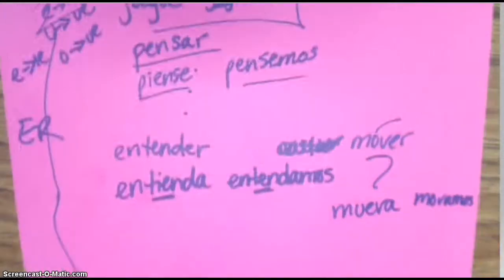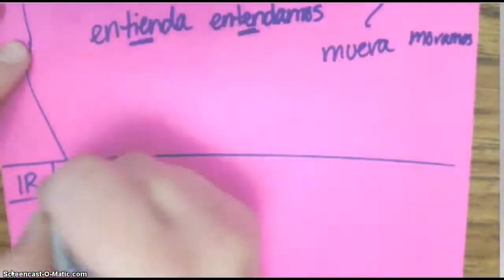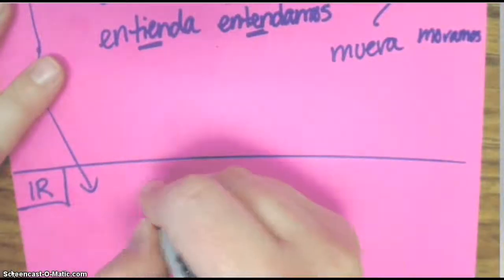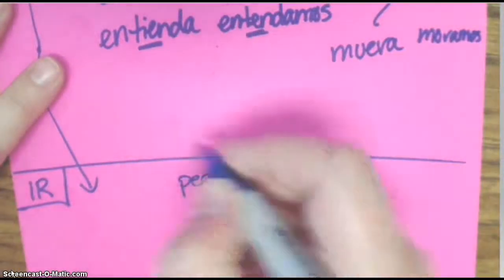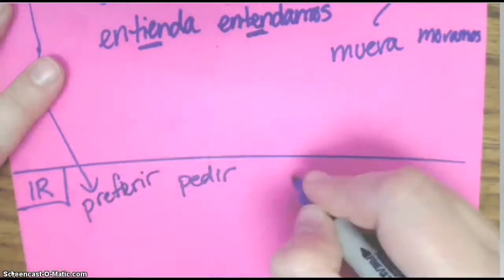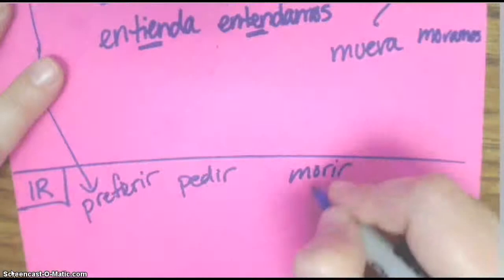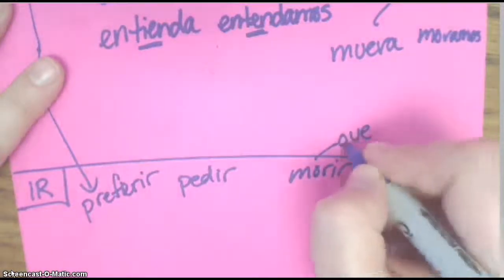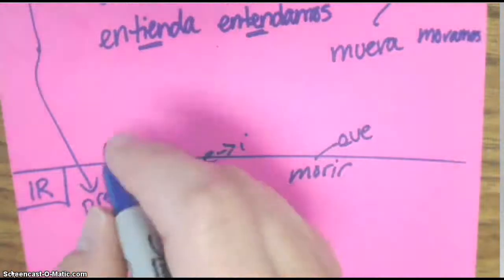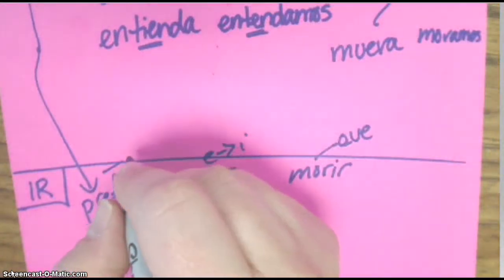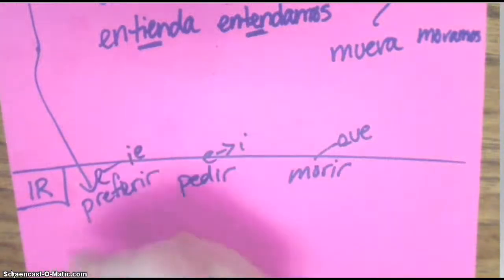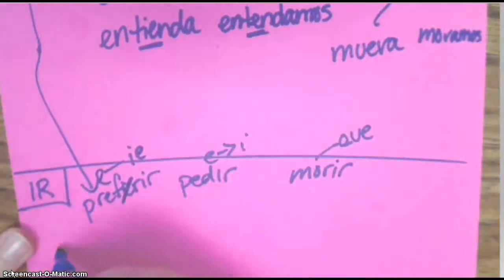Got it? Now with the IRs only and the stem changers, I've got pedir, preferir, and morir. This one, morir, is an O to UE. This is an E to I. And this is an E to IE. So, obviously it's going to be the second one that I changed.